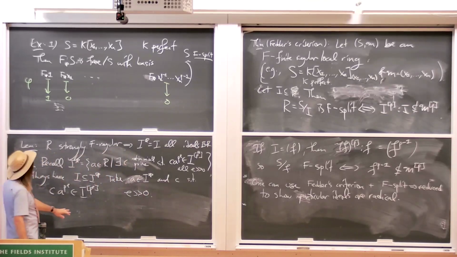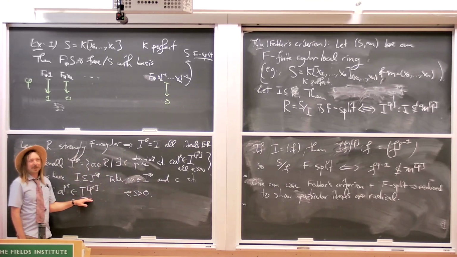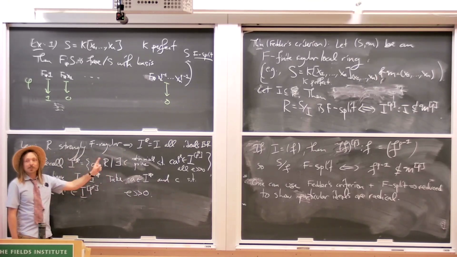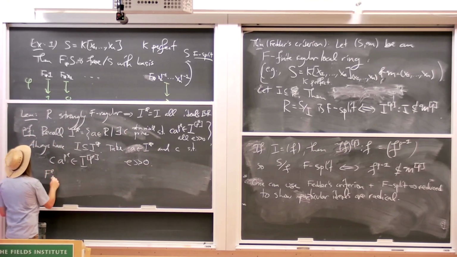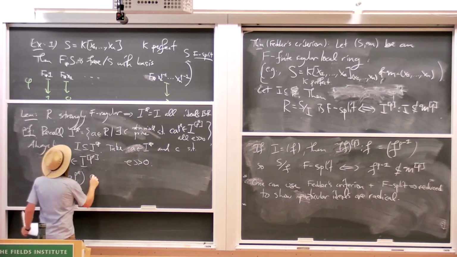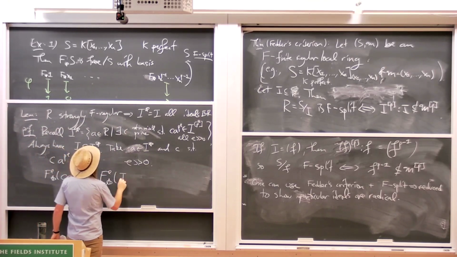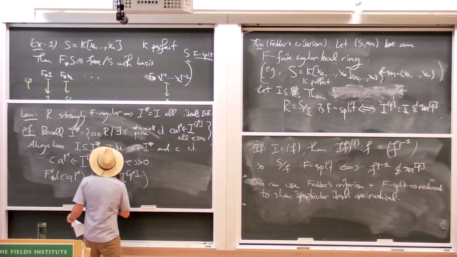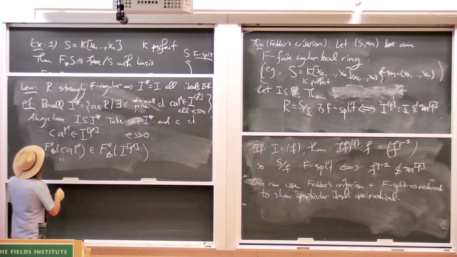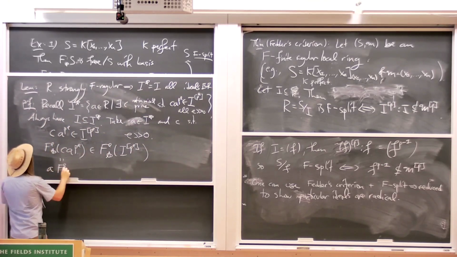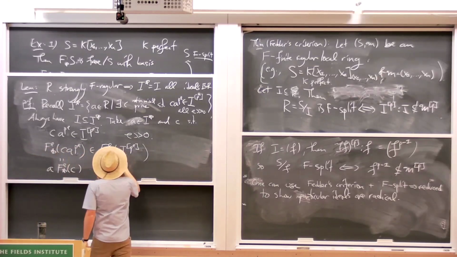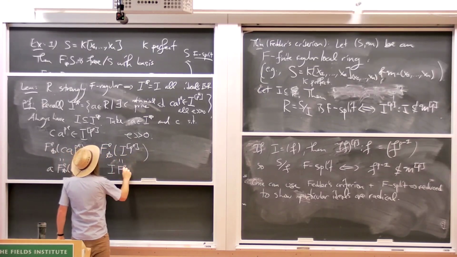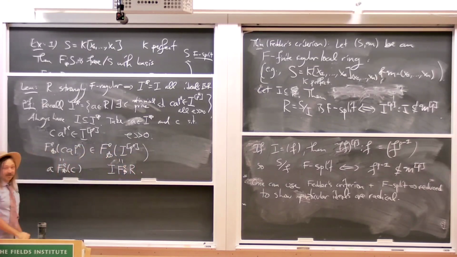Good. I want to think of this as taking place somewhere that's more Frobenius than where I started off life. We're getting pretty good at this rule by now. Good. And that one.